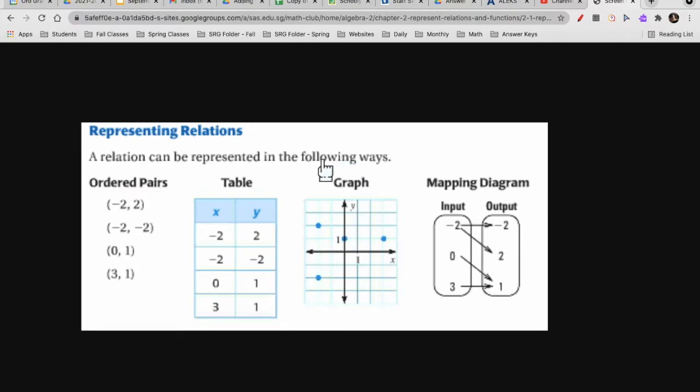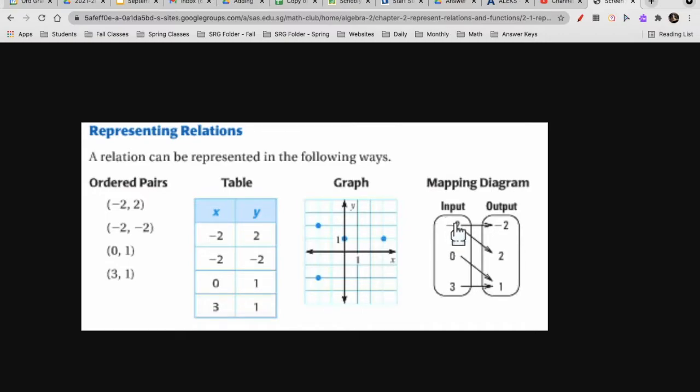And then we can also graph these pieces. So these are the four ordered pairs from the table. Here they are graphed. And then we also have a mapping. I like the map diagram because it shows us very quickly the difference between a relation and a function. So I can quickly see that if I have -2, think of this like a machine when we want to function.